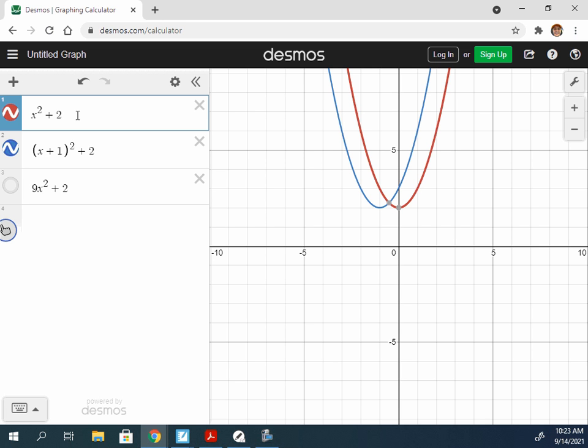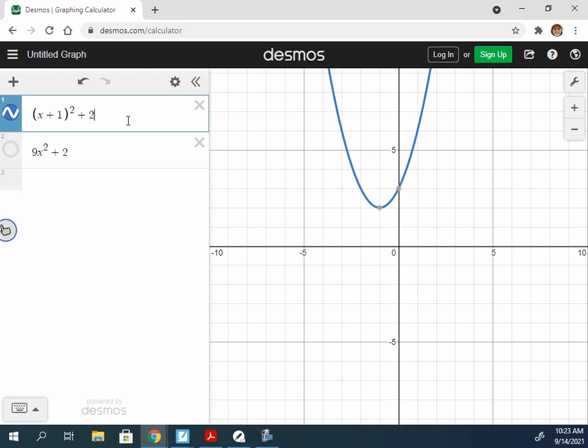Squared plus 2. Okay. Let's remove this. Let's take this, copy, A, B, and negative. Okay. So I took the basic one and reflected it across the y-axis.